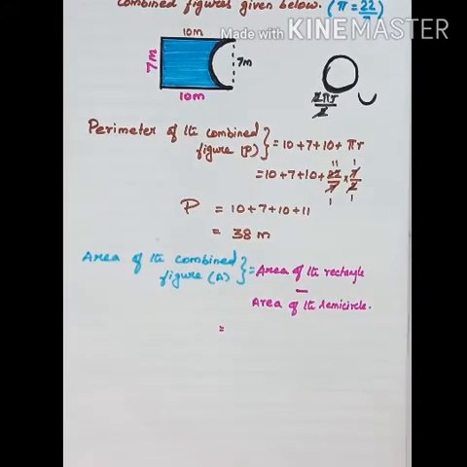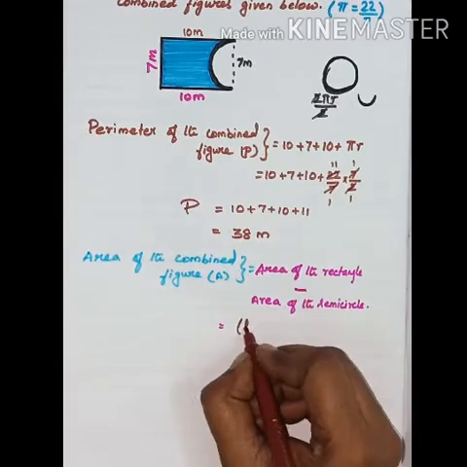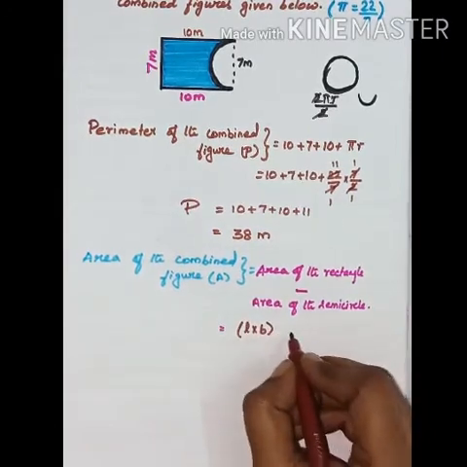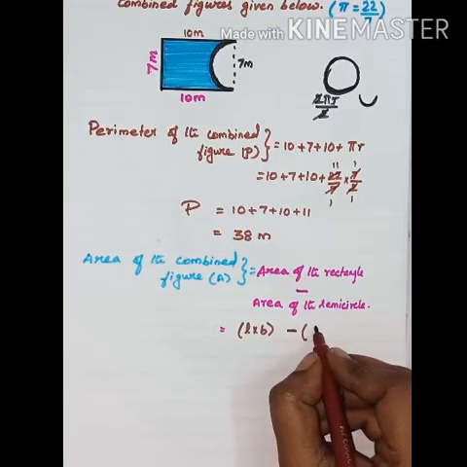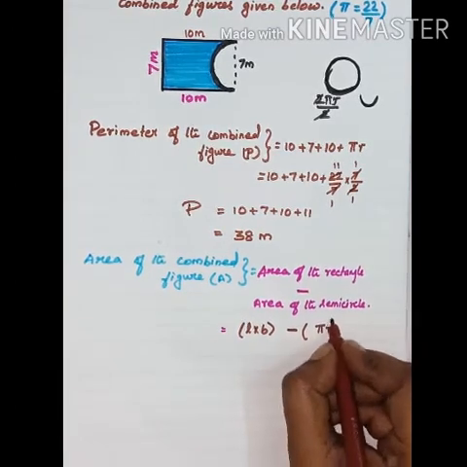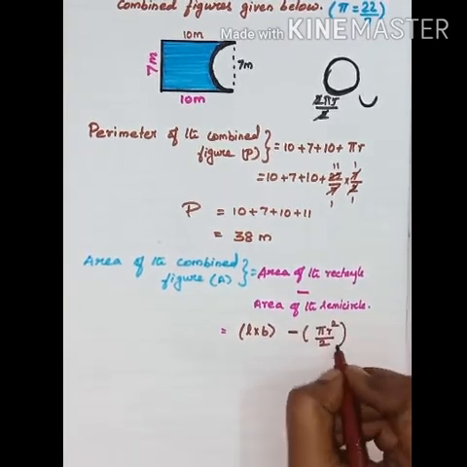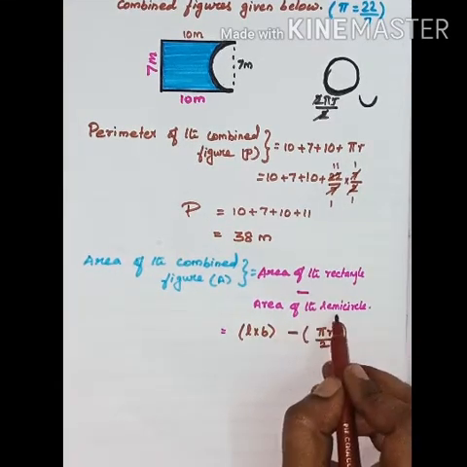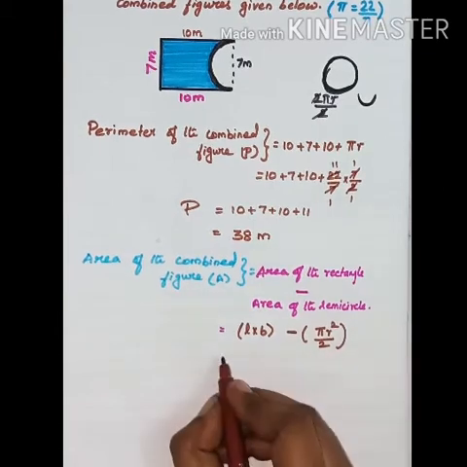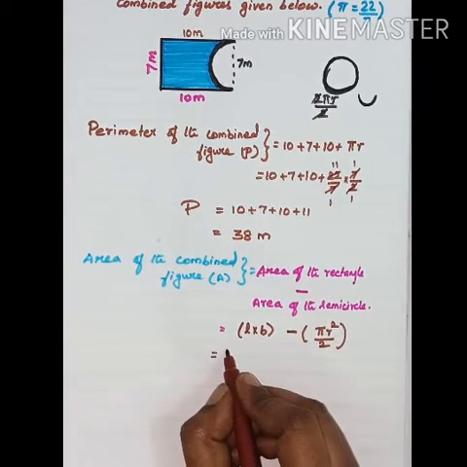We know that the area of the rectangle is L into B, minus the area of the semicircle, which is pi r squared by 2. The area of the circle divided by 2 is nothing but the area of the semicircle. Substitute the values.